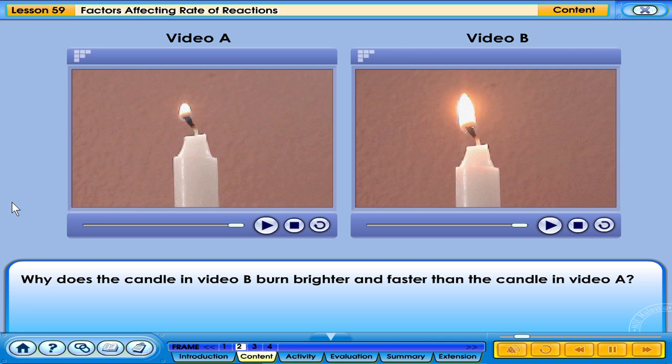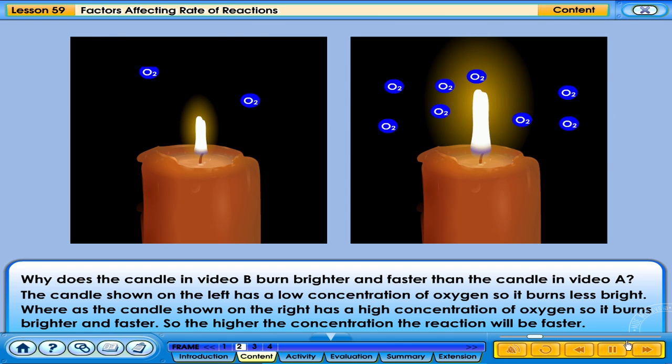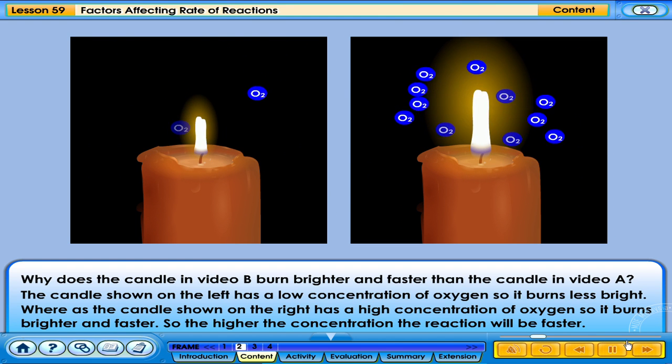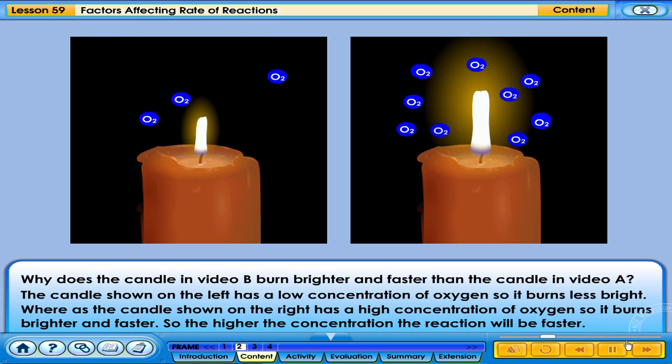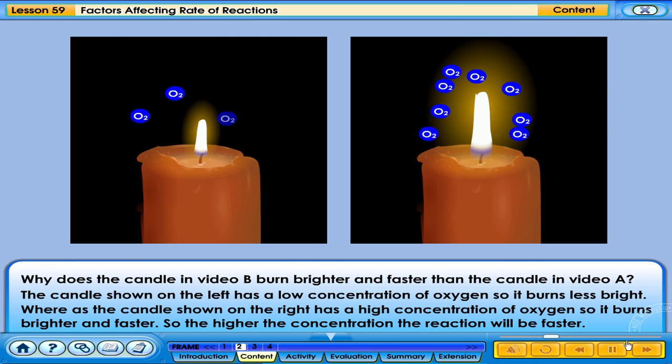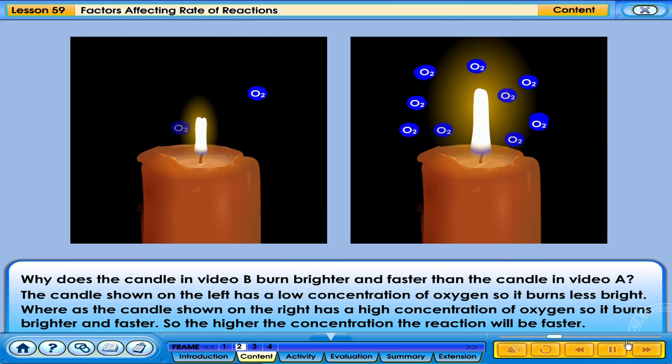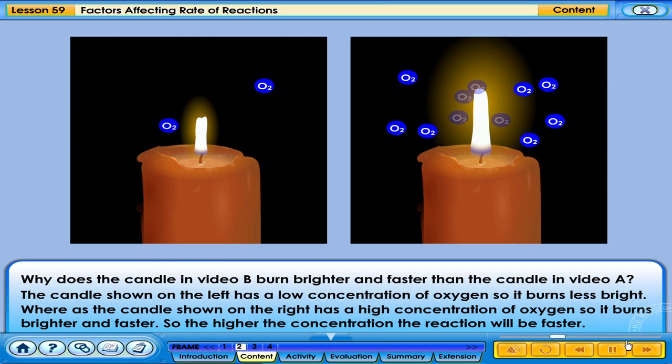Why does the candle in video B burn brighter and faster than the candle in video A? The candle shown on the left has a low concentration of oxygen, so it burns less bright, whereas the candle shown on the right has a high concentration of oxygen, so it burns brighter and faster. So the higher the concentration, the faster the reaction.